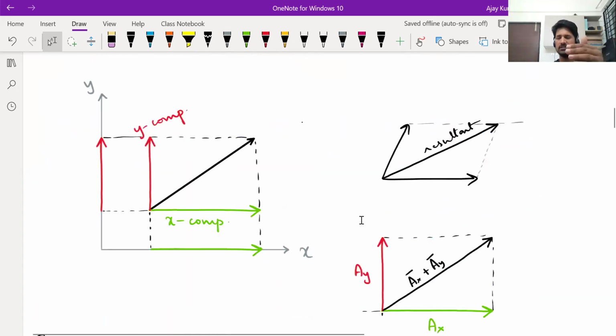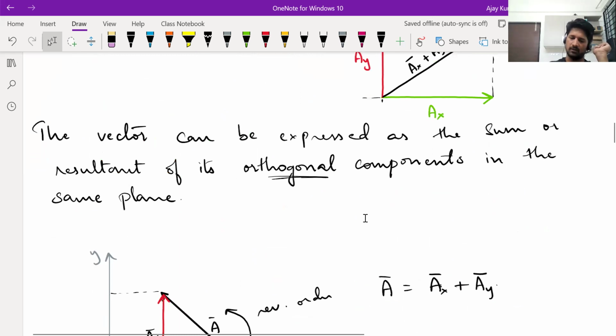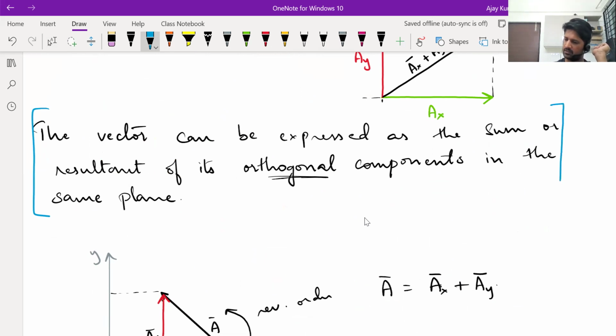Then we discussed how to express a random vector mathematically. First, we split the vector into its components. And then we know for sure that the vector can be expressed as the sum of its components if the two components are perpendicular. So that's the main idea we use to describe a vector mathematically. A vector is the sum of its orthogonal components.